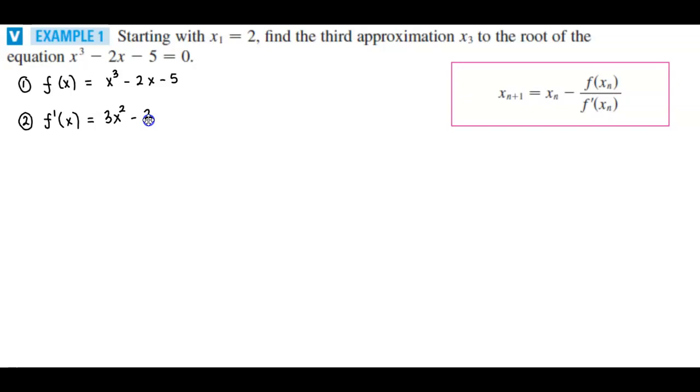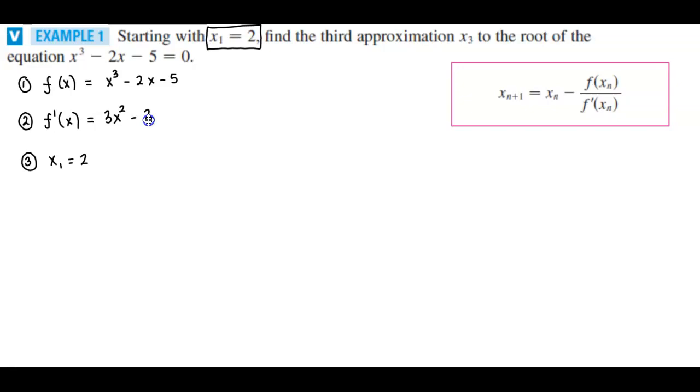Okay, so what's the given information? Well, the information that we need are the following. We know that we're starting with x subscript 1 to be 2. So we know that x subscript 1 is going to equal 2. And then we also want to find f of 1.